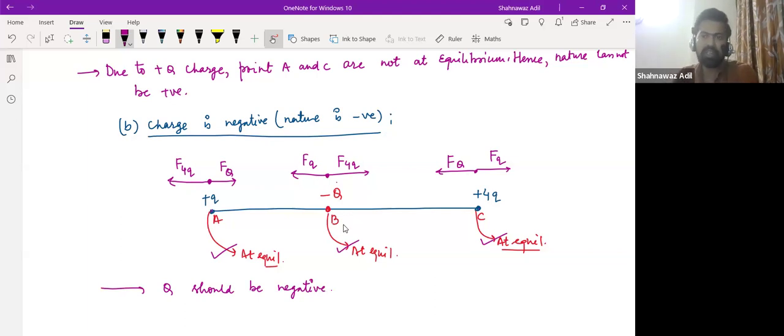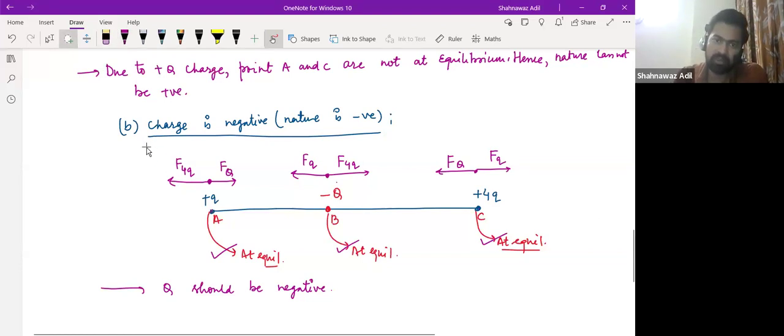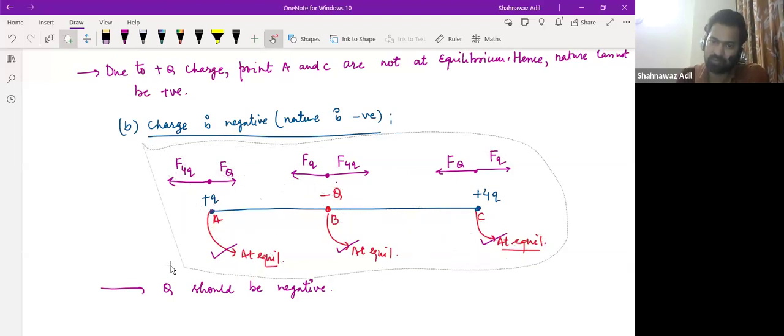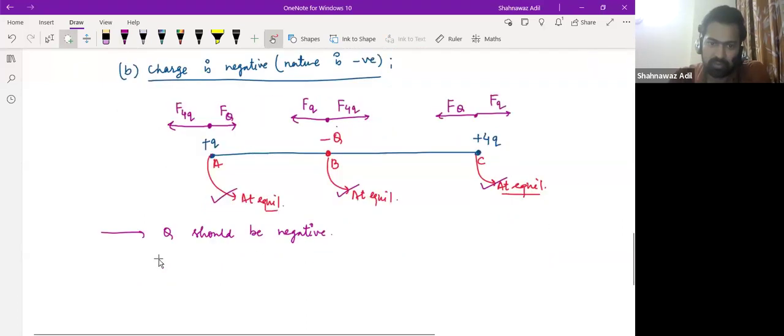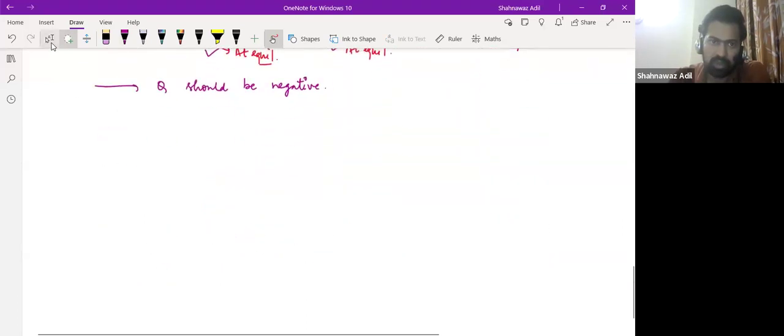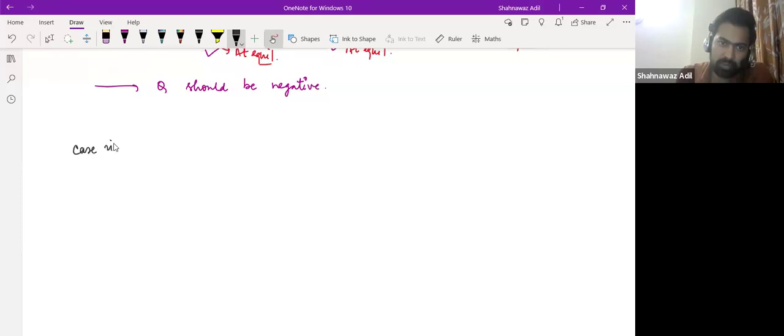Now we will talk about the second part, but we will borrow this diagram. We will use this diagram again. Then we have the second part. The second question is the position.